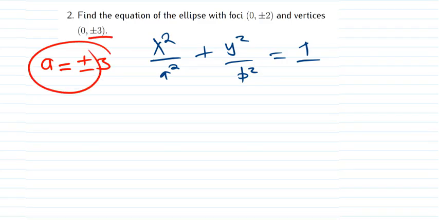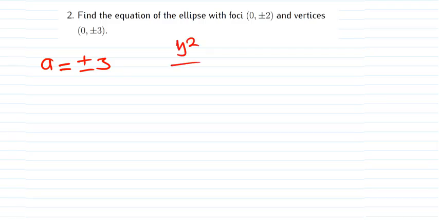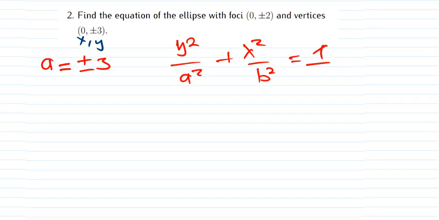So that's 0 comma, so it's along the y-axis. So in this case the equation actually changes form. It's y squared over a squared plus x squared over b squared. Remember, that's x comma y. So the vertices and the foci have been given to be along the y-axis. So the equation is in this form instead.